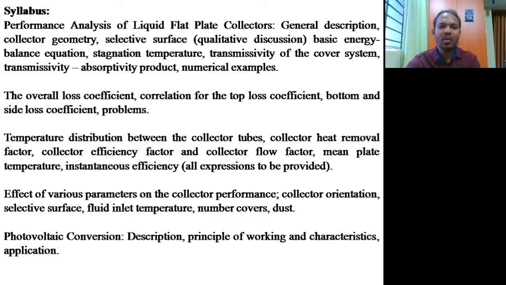Then the overall loss coefficient, what is this overall loss coefficient for a liquid flat plate collector, we are going to study about this. And there are a few correlations for the top, bottom and the side losses.